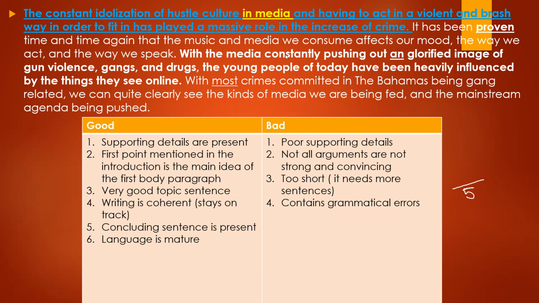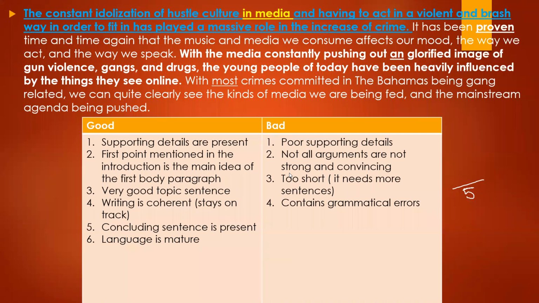I think it all boils down to how big the errors are. So the biggest errors that would cause you to get the lowest marks are errors that deal with development of the paragraph. Staying on track, if you stay on track, that's a plus.